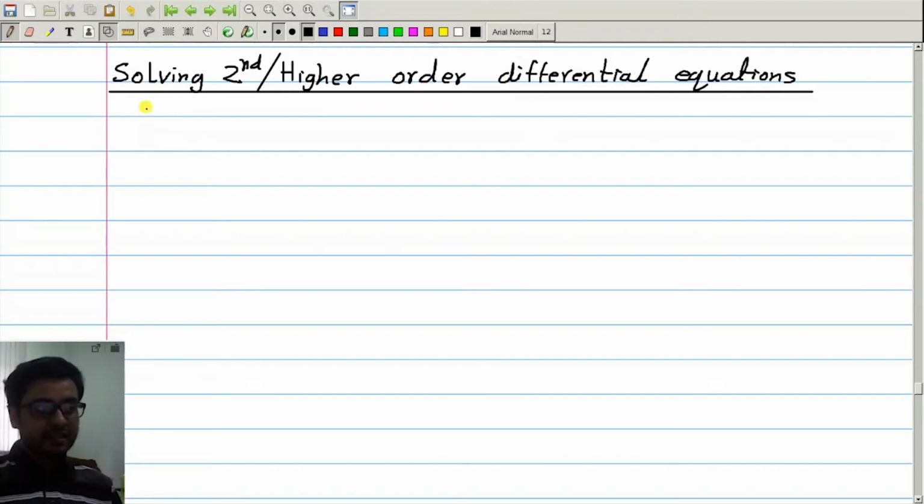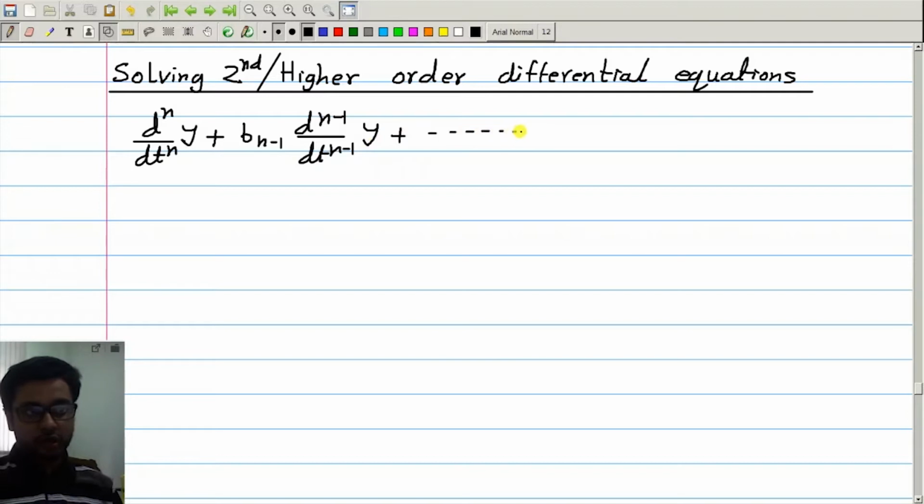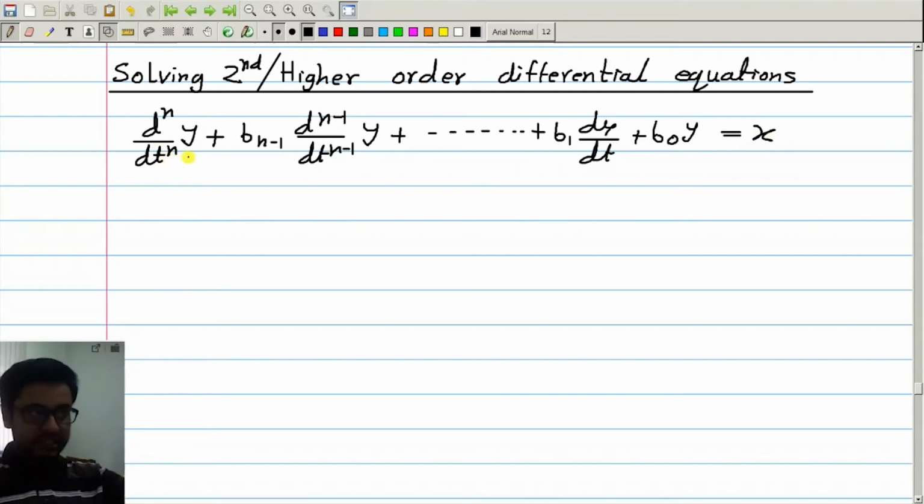So in general, a differential equation of order n will look like this: d^n/dt^n of y plus a_{n-1} d^{n-1}/dt^{n-1} of y plus dot dot dot plus b1 dy/dt plus b0 y is equal to x, which we can also write in this way.